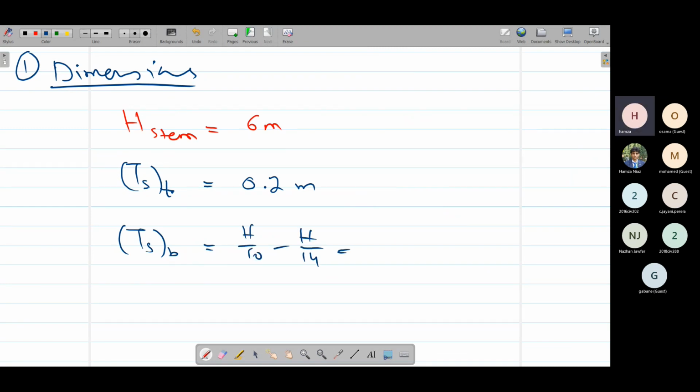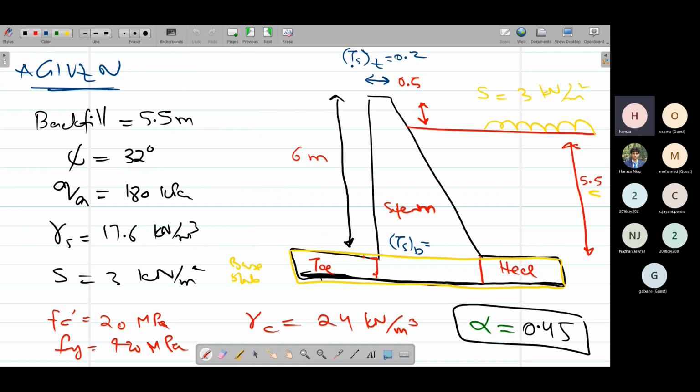H by 10 is approximately 0.6 meters. H by 14 is approximately 0.4 something meters. So we can take thickness of stem at bottom as 0.4 meters. This is 0.43, I think, but we can assume this as 0.4 meters. These are only guidelines, not hard and fast rules. So 0.4 meters. So this is how we can determine the dimensions of stem.